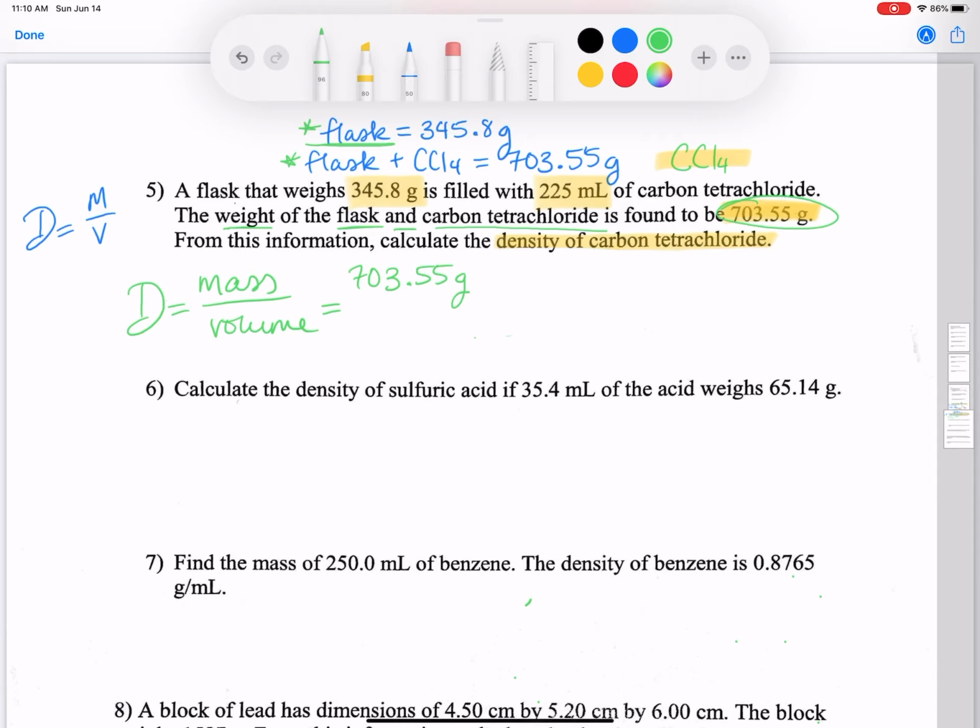If you now take this value and subtract 345.8 grams, you're going to be left with the mass of the carbon tetrachloride alone, which is what you want. So that's your numerator. Your denominator is just straight data from the problem, which is 225 milliliters.